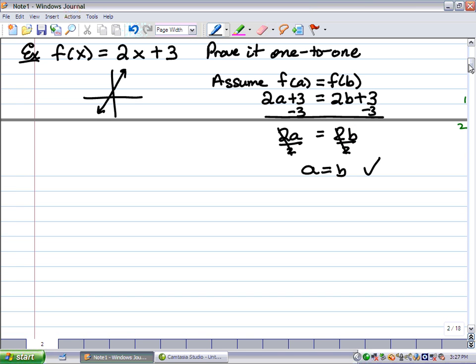Now you might be thinking, well, is that going to happen all the time? Why wouldn't that happen with every function? Well, let's take one that we know it doesn't work. Let's try x squared. We know x squared is the parabola whose vertex is 0, 0, and it's clearly not one-to-one.